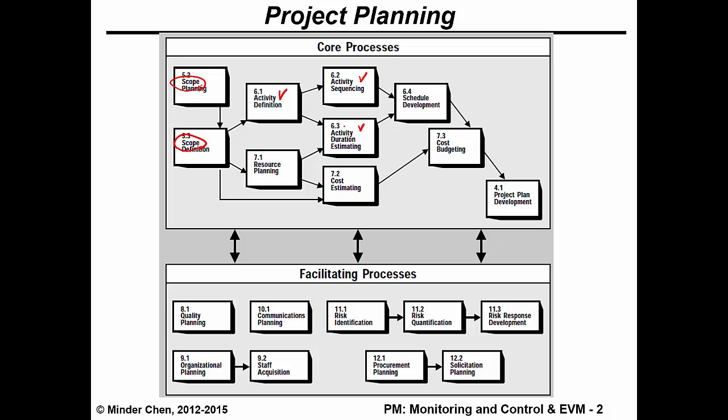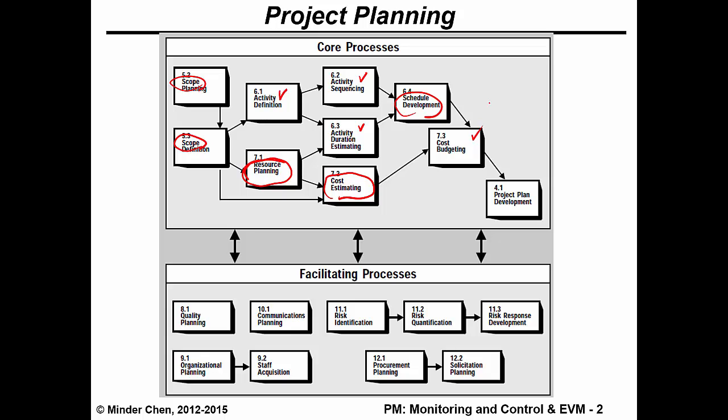But at the same time, we do need to think about the resource constraint. Based on the resource that's required and resource constraint, we may actually revise our schedule. And based on the resource required, we can also come up with a cost estimate. And from the cost estimate, we will eventually come up with the budget for the whole project.